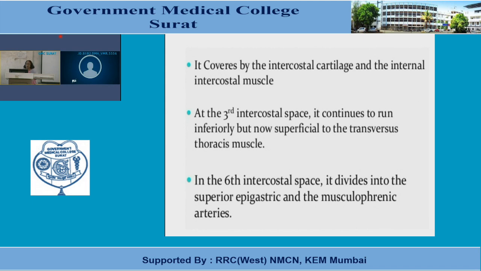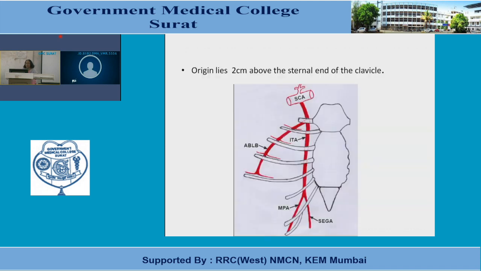One is the superior epigastric and one is the musculophrenic artery. Now here you can see the second costal cartilage. So here, second rib, between first and second, first intercostal space, second, third, fourth, fifth and sixth.